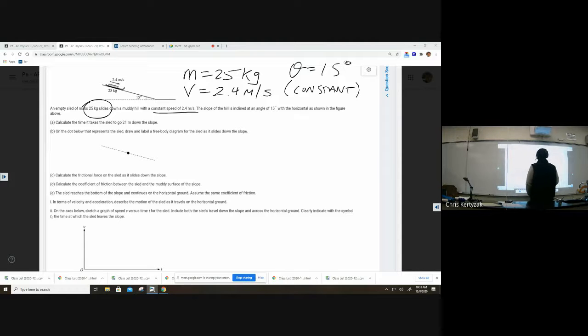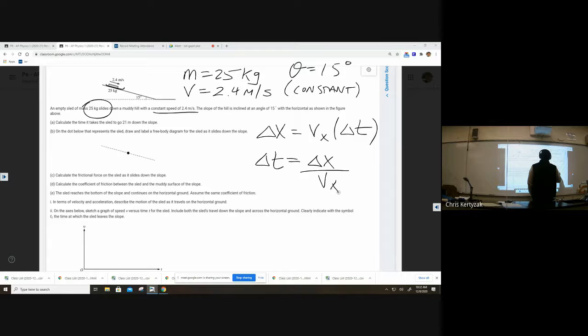Well, if they said it goes at a constant speed, then this is just constant speed motion, right? Distance equals speed times time, or distance equals velocity times time. So if we know that the distance down the hill was 21 meters, we're solving for delta t. Just doing some algebra here to divide both sides by the x, of course.